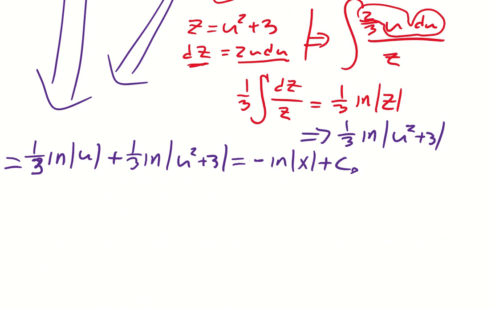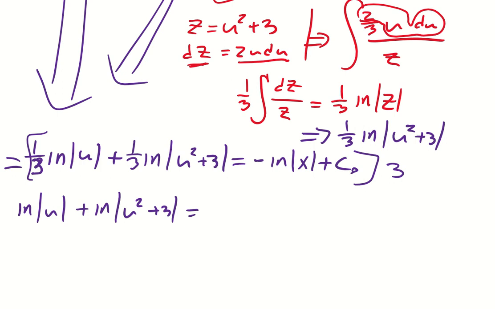Great. And now let's times everything by 3. So then we get natural logarithm, absolute value of u, plus natural logarithm, absolute value of u squared plus 3 is equal to minus 3 natural logarithm, the absolute value of x, plus c.